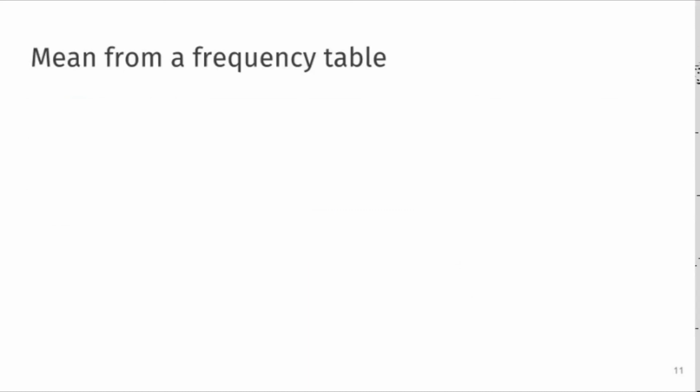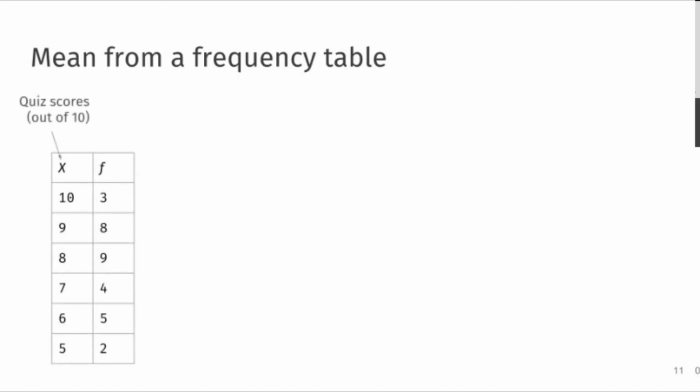Now, an interesting thing comes up that illustrates some of the unique properties of the mean when we think about how we might compute it from a frequency table instead of just taking the raw data. In this case, I'm going to go back to an earlier example and say that we have a set of quiz scores, which are whole numbers out of 10.